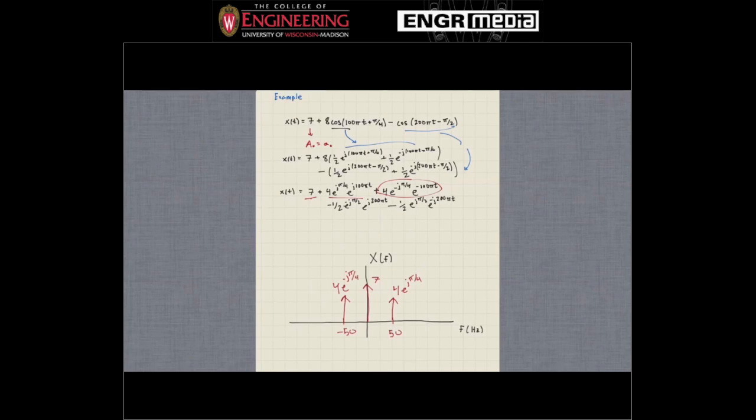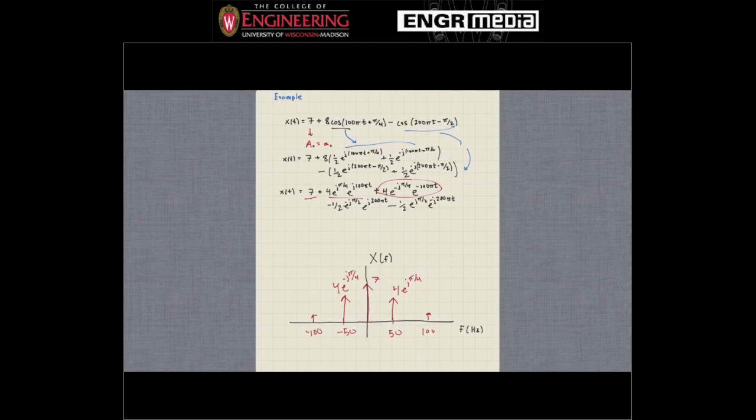And we're almost done. There are 2 more terms, each one with amplitude 1/2, and those are at 100 hertz. We're always going to draw these amplitudes as positive, so think of the magnitude of this number, it's still 1/2. So here's 100 hertz, and here's minus 100 hertz.